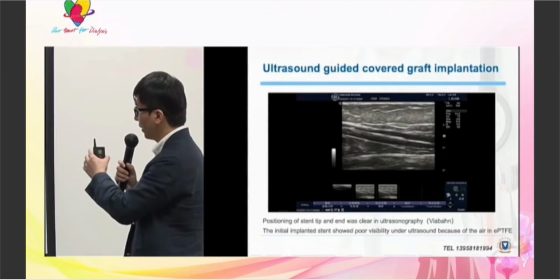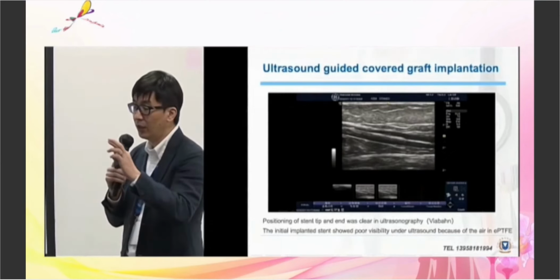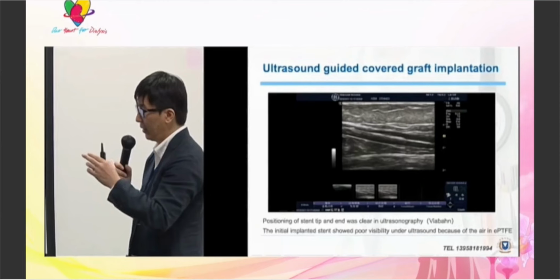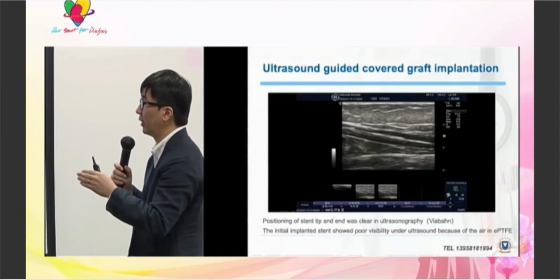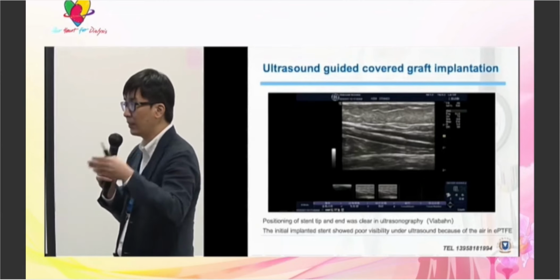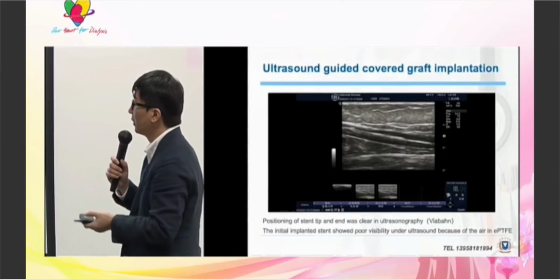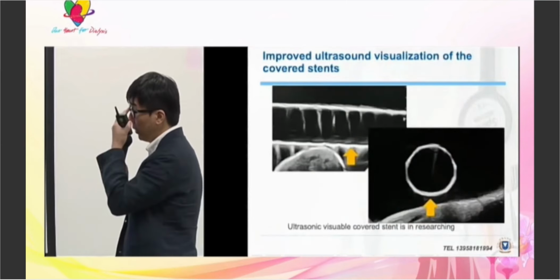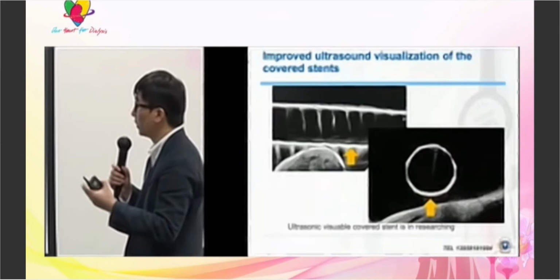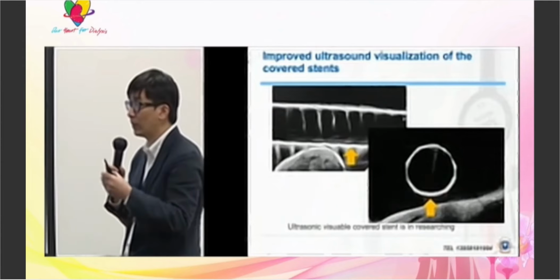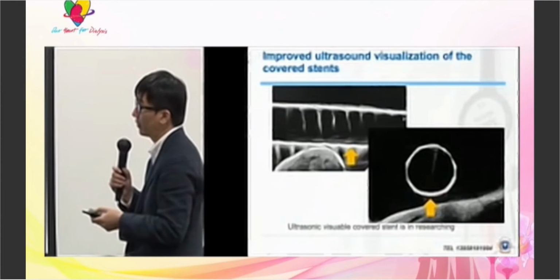This material contains a lot of holes, and some air stays in the holes, so ultrasound also can't transmit through it. So we wanted to develop a new stent that can be guided by ultrasound.